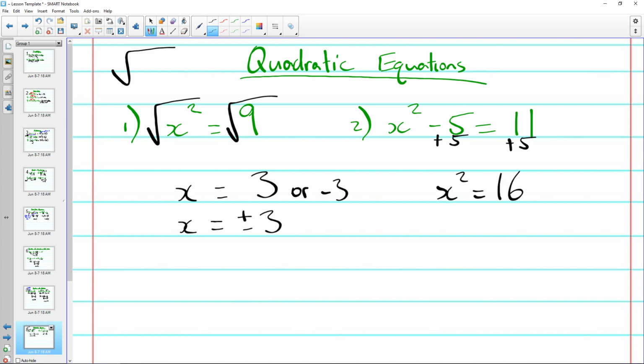And then you're going to square root both sides. So we're going to have x equals plus minus 4. Again, don't forget about the plus minus, because there are actually two answers. If in your test you just wrote 4 and forgot the negative 4, you won't get the full marks, okay? Because you need to acknowledge that there are two answers to that equation.